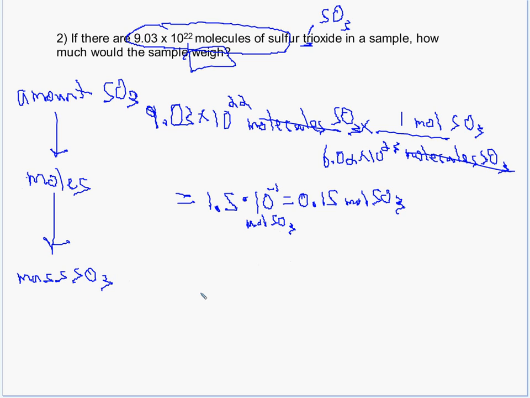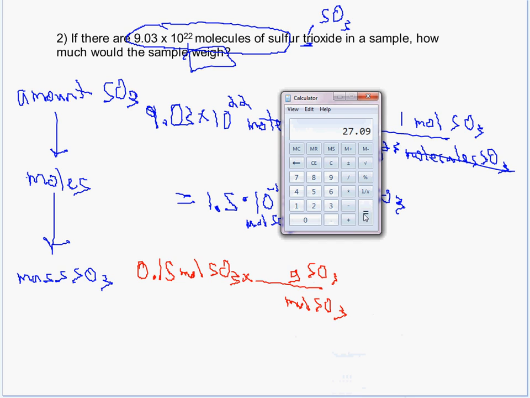And now we need to go from moles to mass of SO3. So we have 0.15 moles SO3. I have moles SO3 down here, and I need mass, so that's grams SO3. So I'm going to have to use my molar mass.